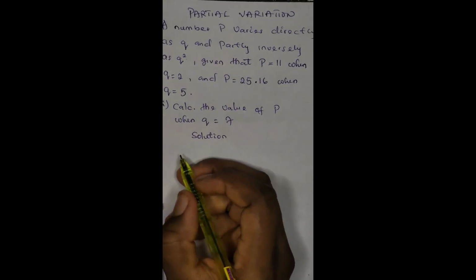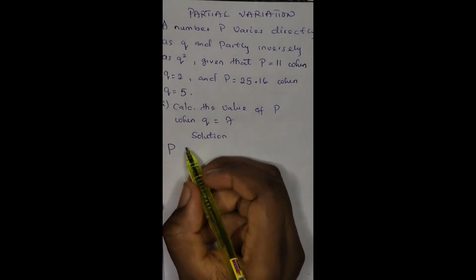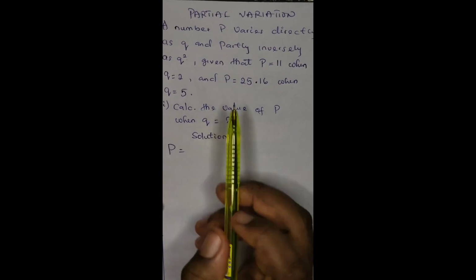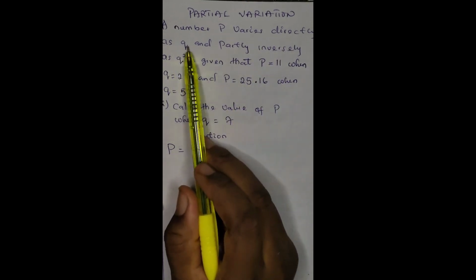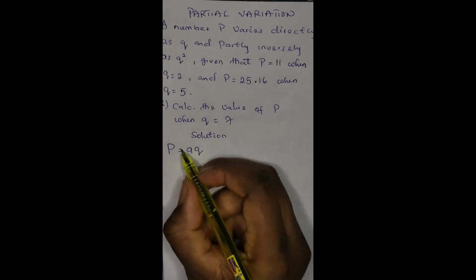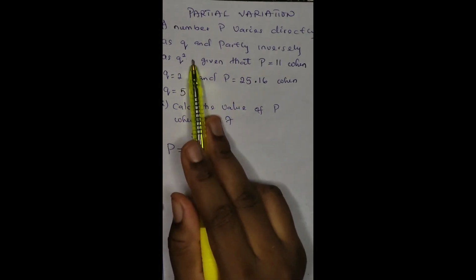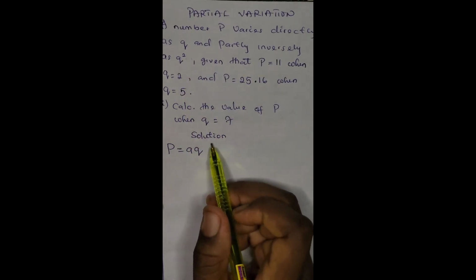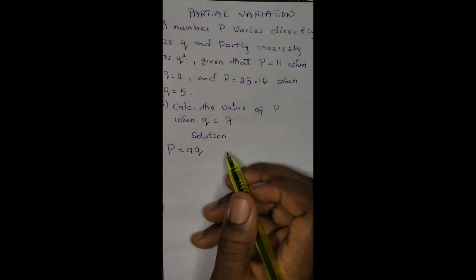So defining this particular question, they said a number p varies directly as q. Let's say our first constant is a, so aq, and partly inversely as q squared. Now when we defined our partial variation, we talked about having two sums, right?